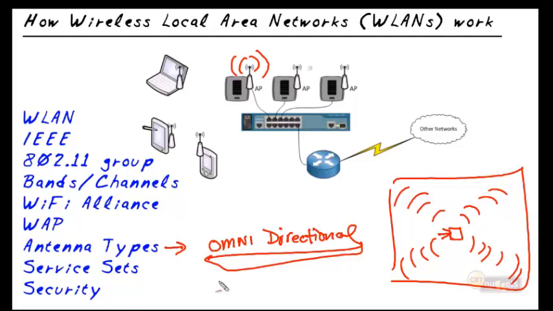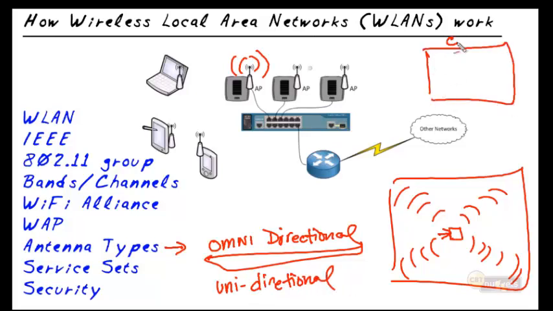The other side of the house is the unidirectional antenna. And why would we want to use one of those? Well, let's say this is our company. And let's say also that this is a parking lot. I'll label it. That'll help. Parking lot.